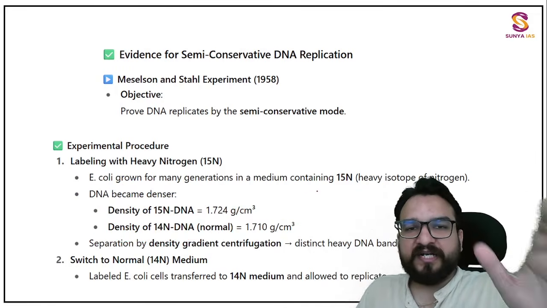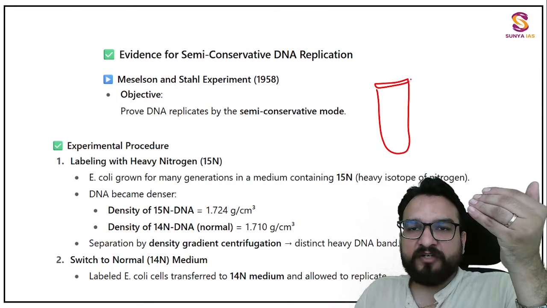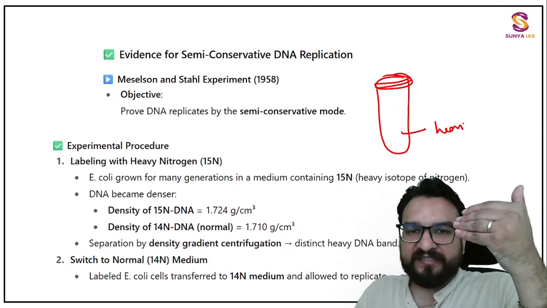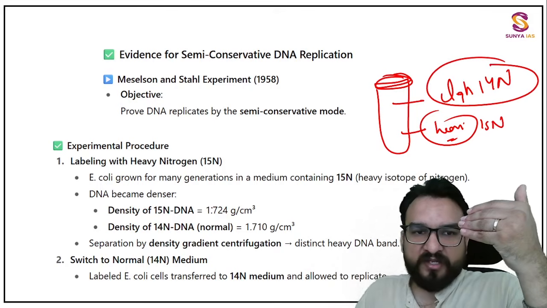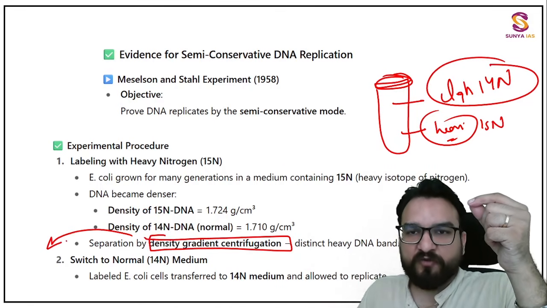So what you have to understand over here is that when we were growing these E. coli, there were 2 types of E. coli grown: one of heavier density because of containing 15 nitrogen, and one of lighter density because of containing 14 nitrogen. Now, separation by density gradient centrifugation means now we will be separating it.